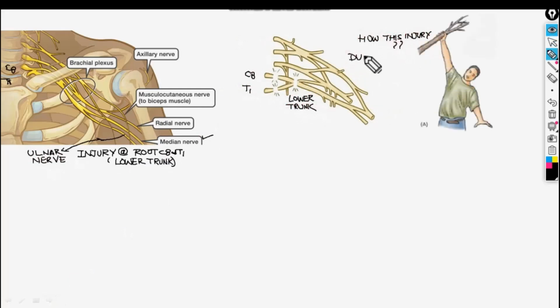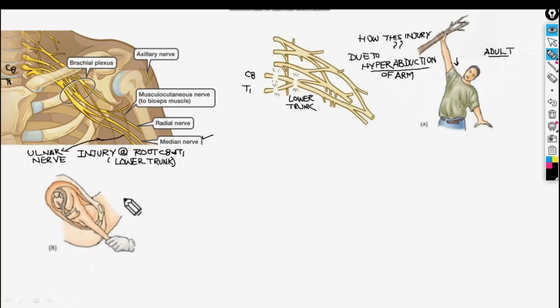hyperabduction of the arm, and we can see clearly in this image how the hyperabduction is taking place in the arm. In adults, it occurs generally when a person falls from a height and tries to hang by holding an object, and in newborns it occurs at the time of delivery when a baby is pulled out by excessive force on the forearm.